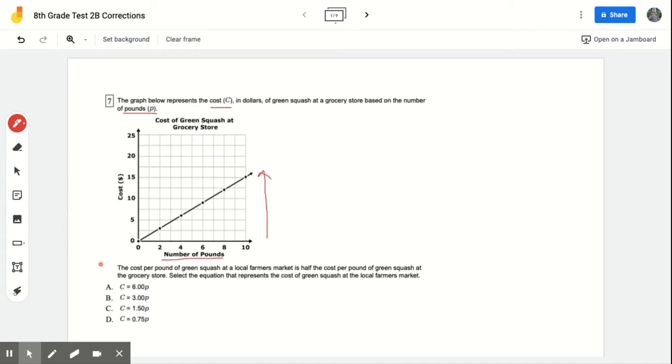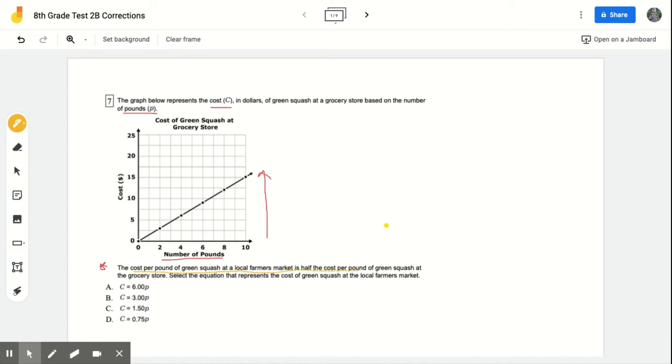Okay, so I haven't even started looking at answering the question yet. All right, so let's move down here where it says the cost per pound of green squash at a local farmer's market is half the cost of green squash at the grocery store. Select the equation that best represents the green squash at a local farmer's market. So let's highlight some stuff here. It says that the cost per pound at a farmer's market is half.